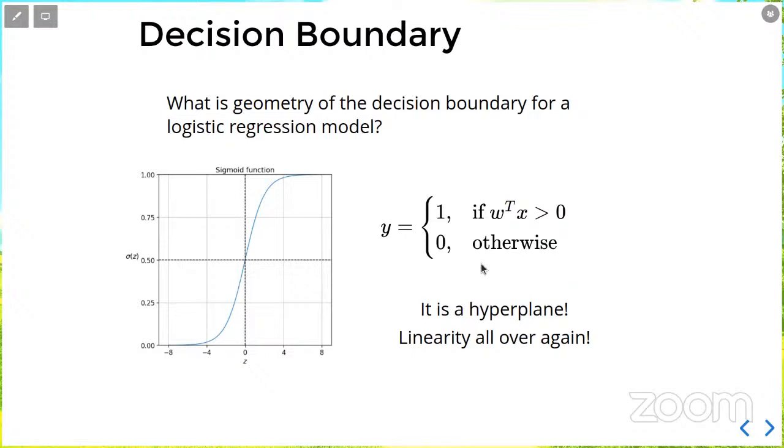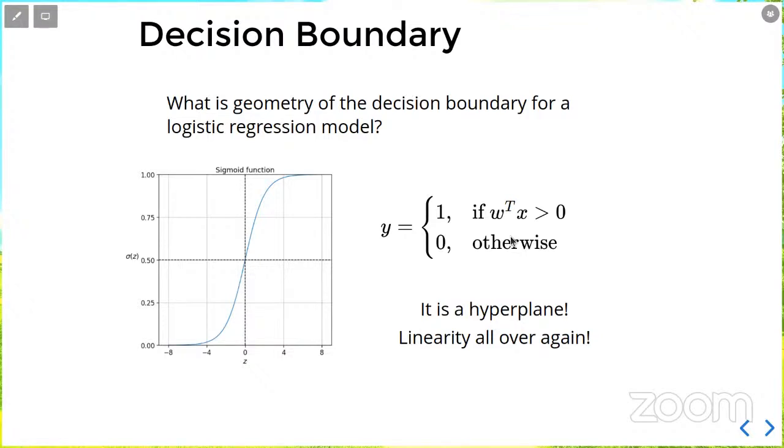Sir, but W transpose X is passed on to the sigmoid function. So how is the hyperplane linear? See, what is the hyperplane? The hyperplane is a divider, right? It divides the two classes. You are essentially asking for what values of x W transpose x is greater than 0. How do you come up with the decision boundary?